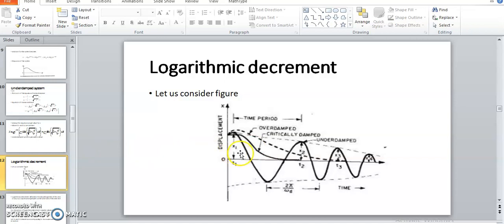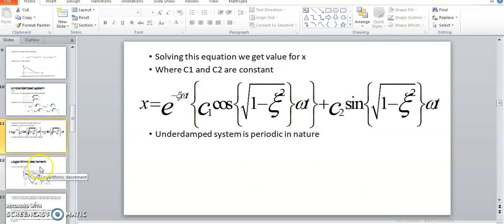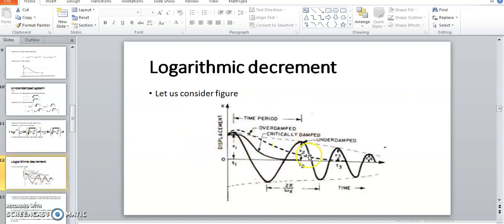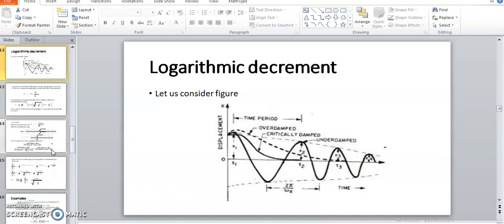Now for the underdamped case, we observe this cyclic nature. In practical cases, we observe many examples of the underdamped case in day-to-day life.